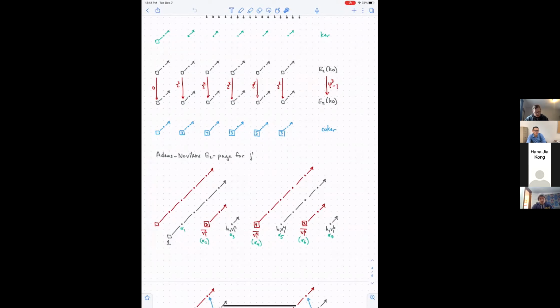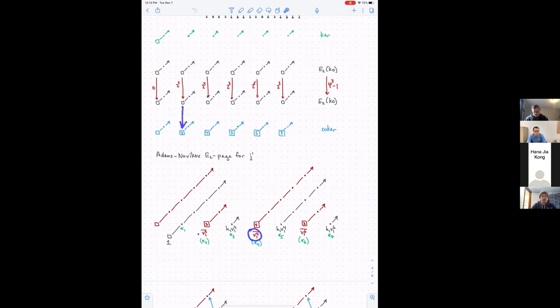Now I've given names to these elements, and the names in black are coming directly from the kernel, a sub-object of E2 of KO. The black names come exactly from E2 of KO. The red names are also coming from E2 of KO. What they mean is they're recording the values of this map. When I call this one V1 squared bar, that means it is the image of V1 squared under this map.